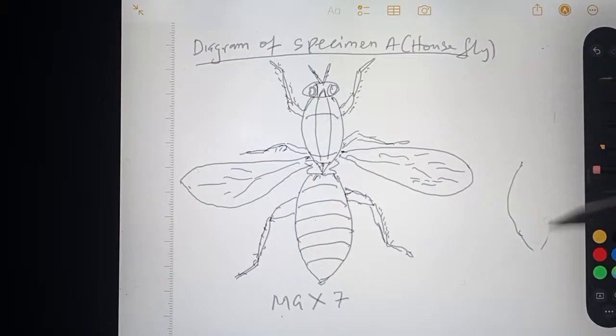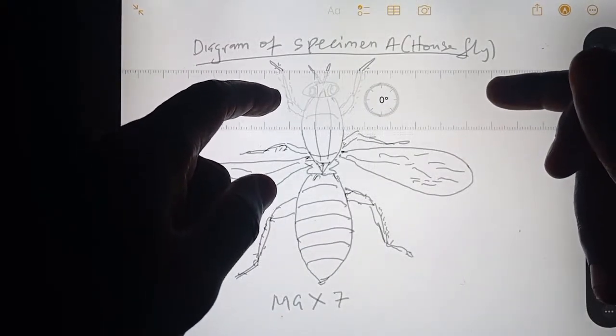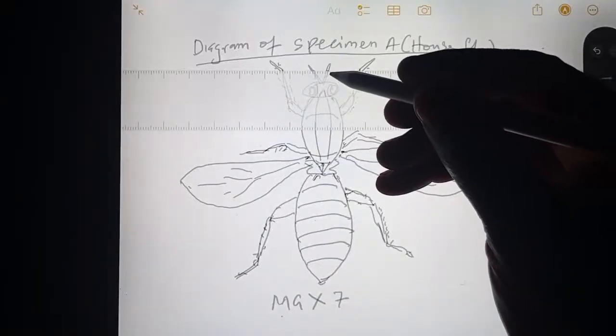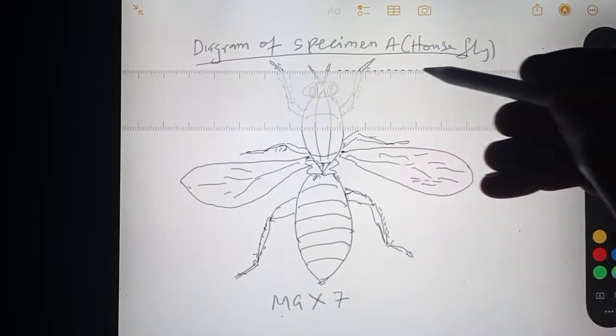Remember, lines of labeling. Correct labeling is always called half mark. Which means 2 correct labeling means 2 marks. Your lines of label must be straight. See it? Oh, I'm cleaning. And your lines of label must not cross.